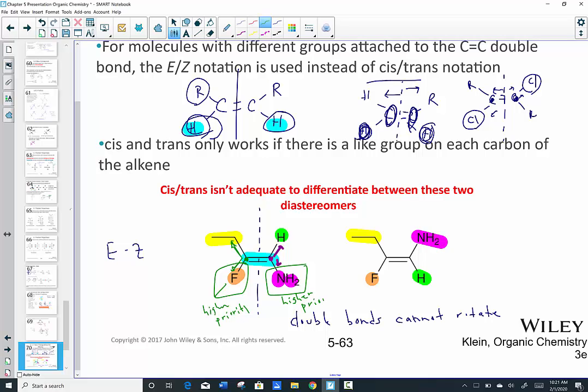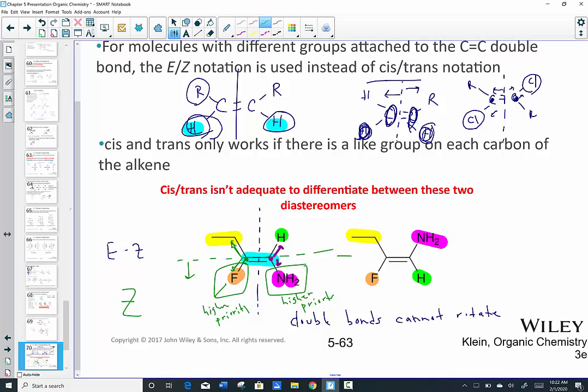So we have the configuration where the 2 carbons involved in the double bond are placing the higher priority below the plane of the double bond, in the same direction. We're going to learn that the same direction is going to be given a Z conformation designation. I'll explain what that stands for.